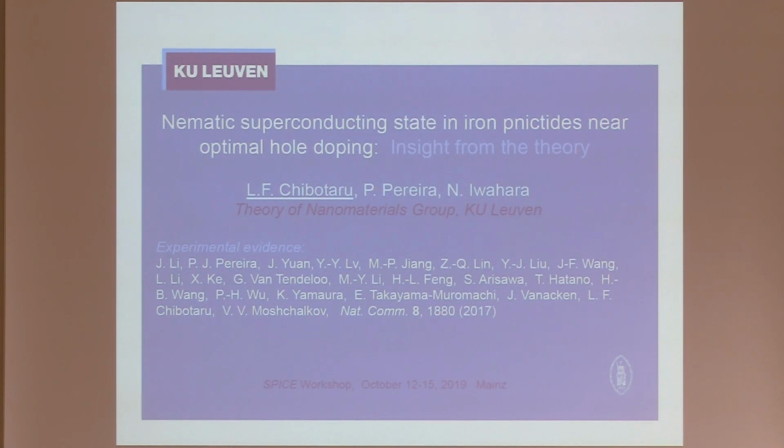Here we will speak about another nematic state, not related to electronic nematics. We have tetragonal or almost tetragonal symmetry in the normal state. Then we enter the superconducting state, and immediately we see very strong rotational symmetry breaking.